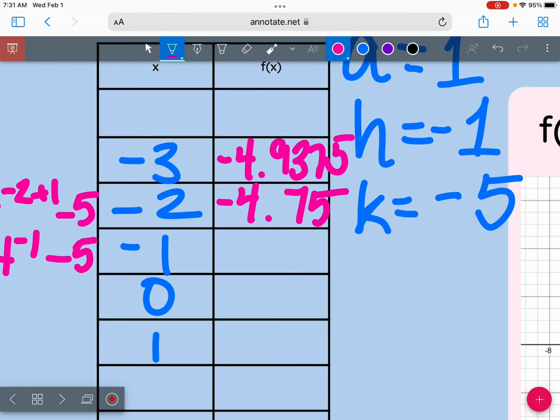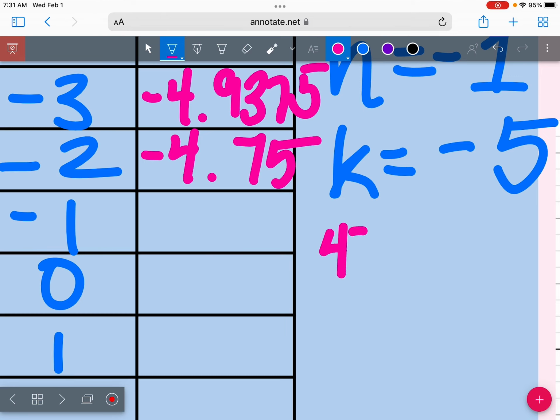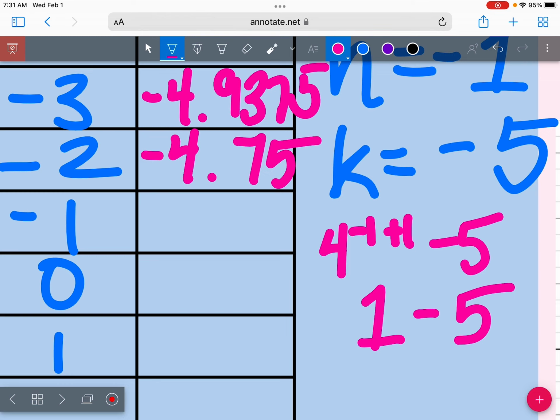And then we can do 4 to the -1 plus 1 minus 5. What is -1 plus 1? 0. 4 to the 0th power is what? Anything to the 0 power is? 1. There we go. Yep. 1 minus 5 is? Not just 4, but -4. There we go.